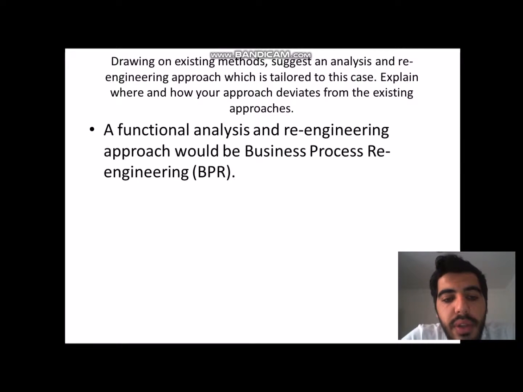This approach is different because it delves more profoundly into the relationship between the objectives of the organization and the processes therein, as well as the culture. In terms of the culture of the organization, this approach tries to figure out the possible causes of lack of commitment among those involved in the processes of the organization.